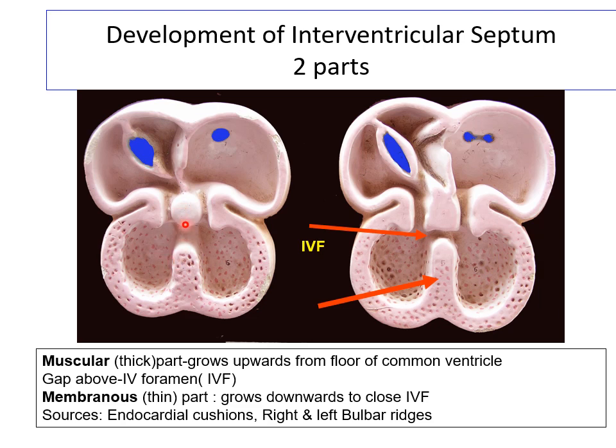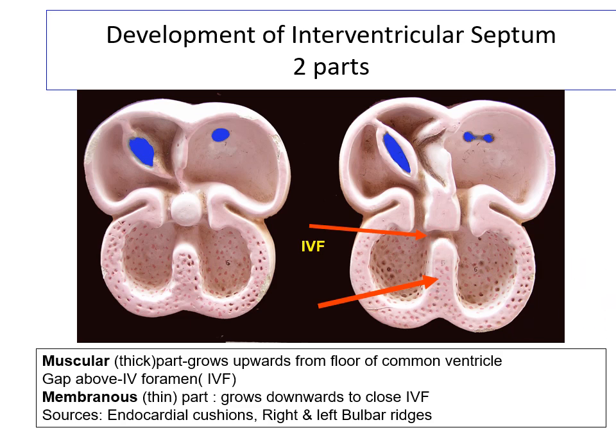Hence we need cells from some other source, and this gap will have to be filled in by cells coming from other sources, some from the endocardial cushions and the right and left bulbar ridges. We'll see where they are in a minute. And the upper part of the interventricular septum will remain thin, and this is known as the membranous part. It will grow downwards towards the muscular part to complete the chamber.